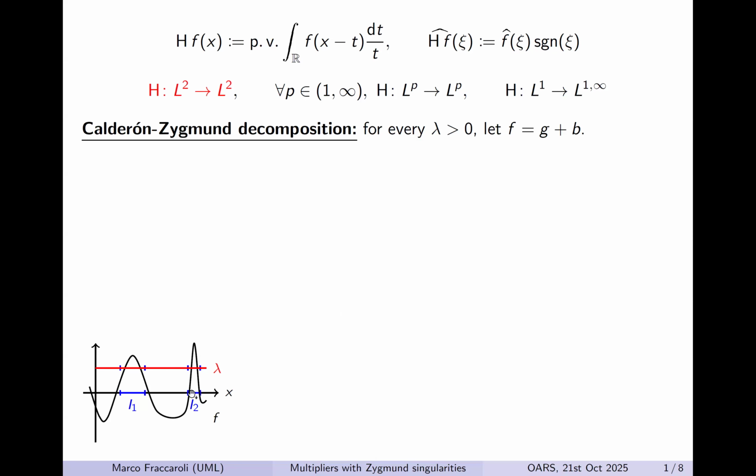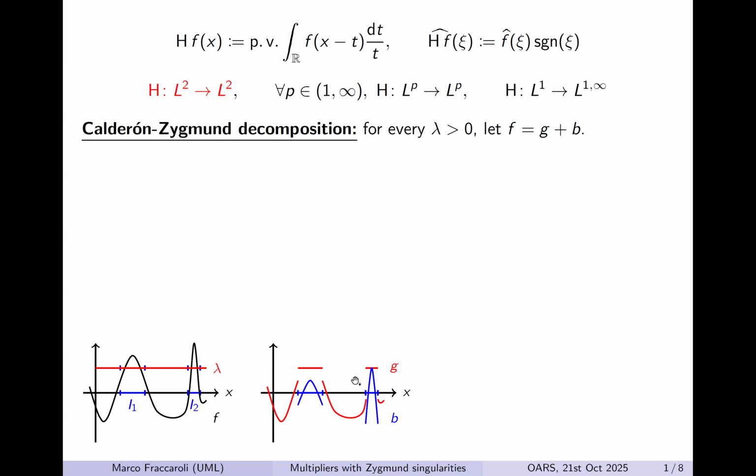So we have our function f in black, we have our level lambda, and then we look for the maximal dyadic intervals on which the function on average is above lambda. Okay, so you see that on I1 and I2, the function is above lambda on average.